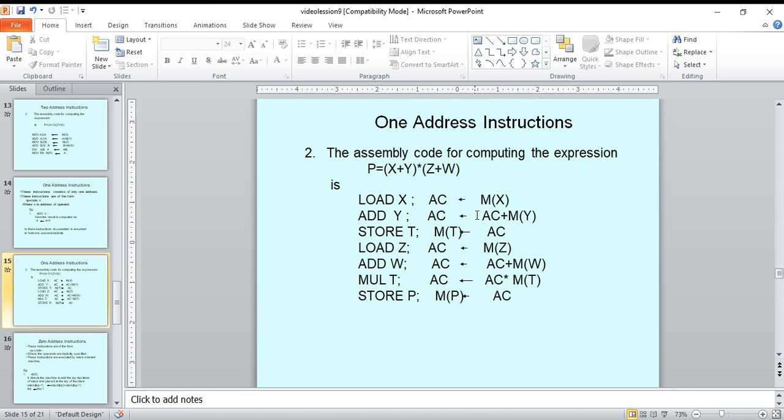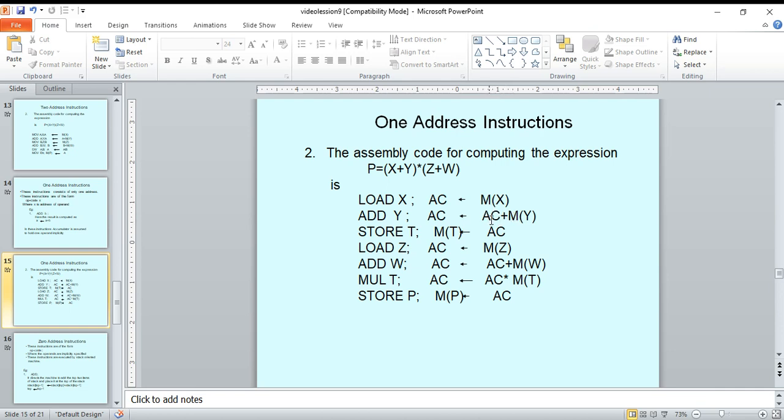Now the accumulator holds the x value, and the other operand, the y value, is placed in some memory location. Then we can perform the addition of the two values x and y. For this we write the instruction add y, which performs the operation as AC plus M of y.